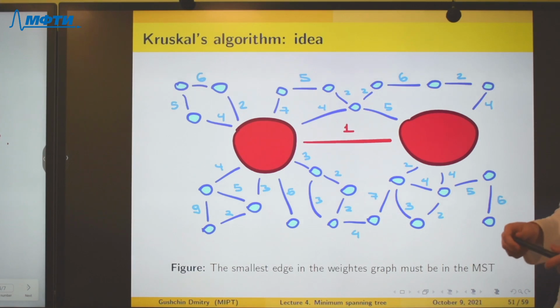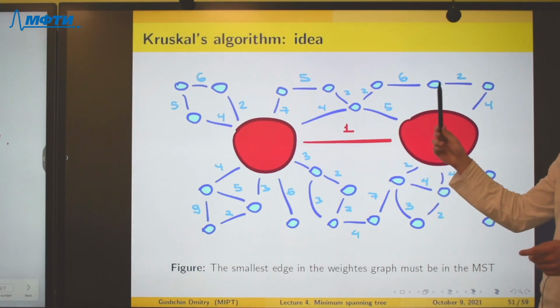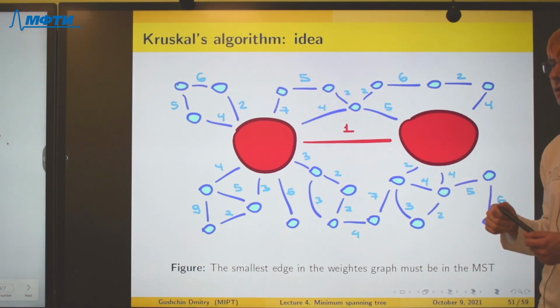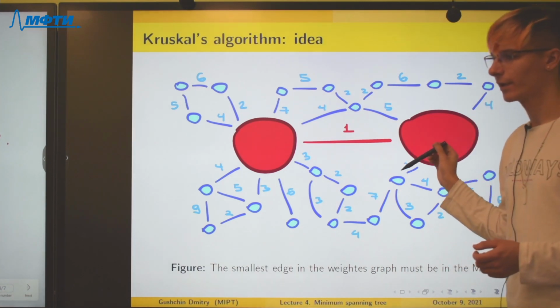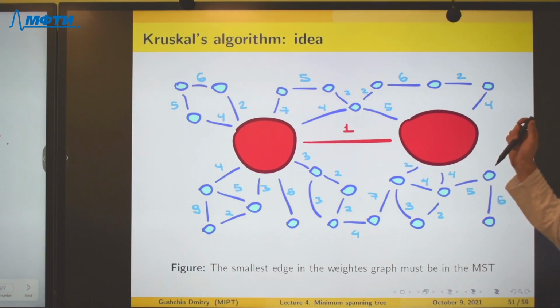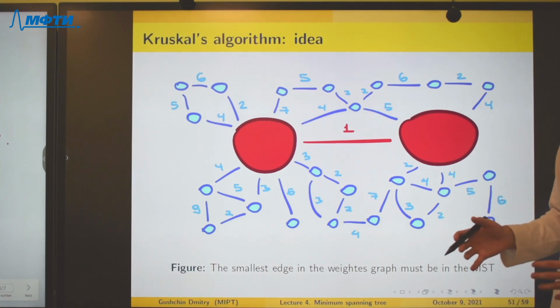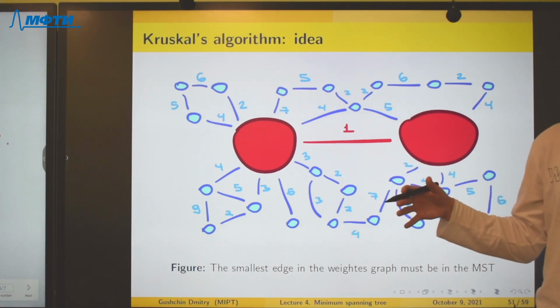For example, we can find the minimal edges in the graph and add them to the minimal spanning tree, because each minimal edge in the graph needs to be in the minimal spanning tree. And we add edges with the minimum cost, with the minimum weight. Then we repeat it until we get one big component that is equal to the minimum spanning tree.